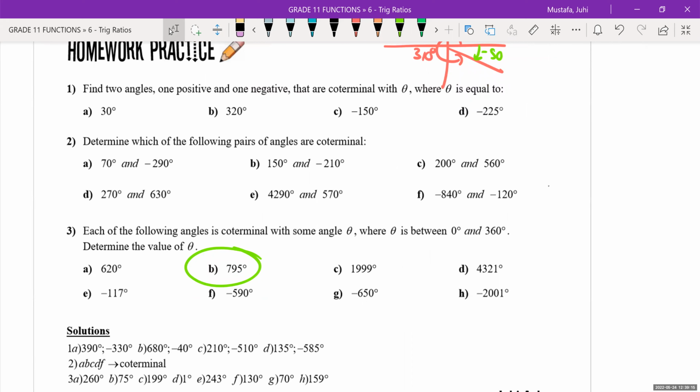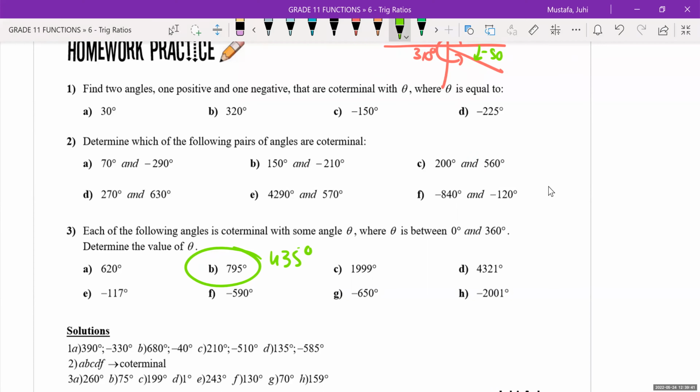So question B tells me that theta is 795. So I put that into my calculator. And I basically want to try to find an angle between 0 and 360 that is the same measurement as 795. So what I'll do is I will just subtract 360 and keep subtracting 360 until I get a number between 0 and 360. So 795 minus 360 is 435, but that's not enough.